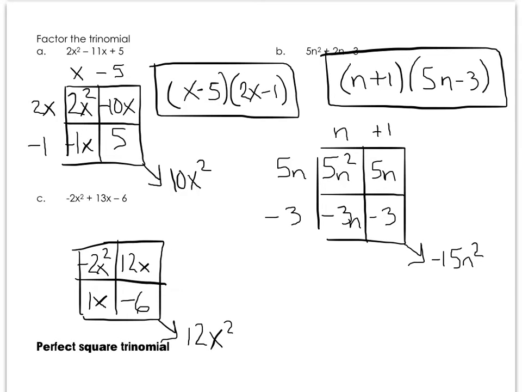GCF here is going to be 2x. 2x times negative 1x, 2x times 6, negative x times negative 1 makes 1x. Factors are negative x plus 6 and 2x minus 1.